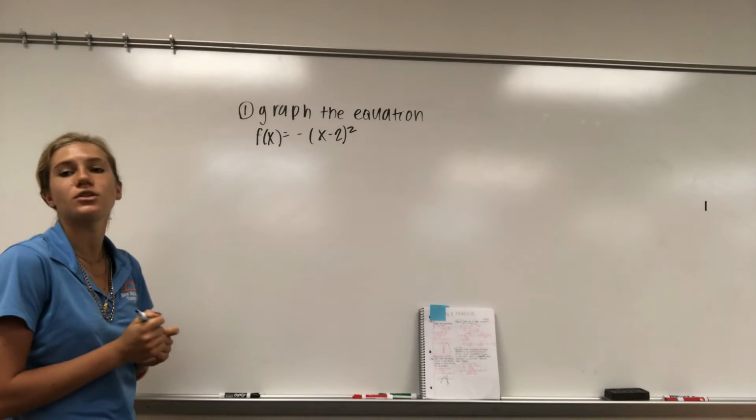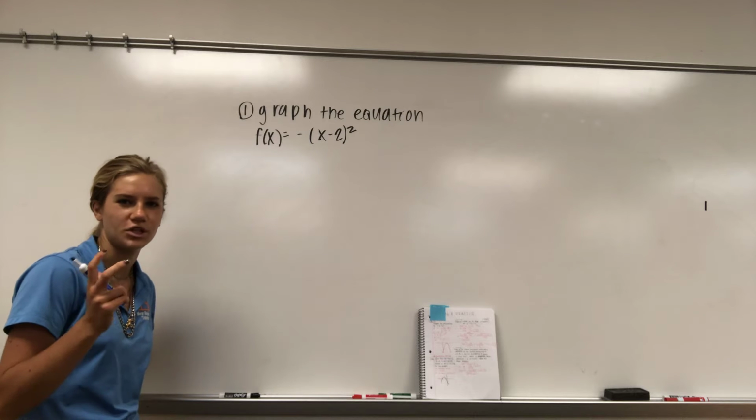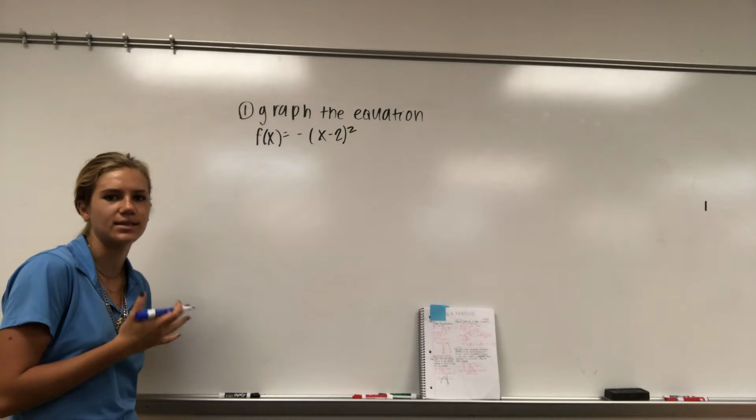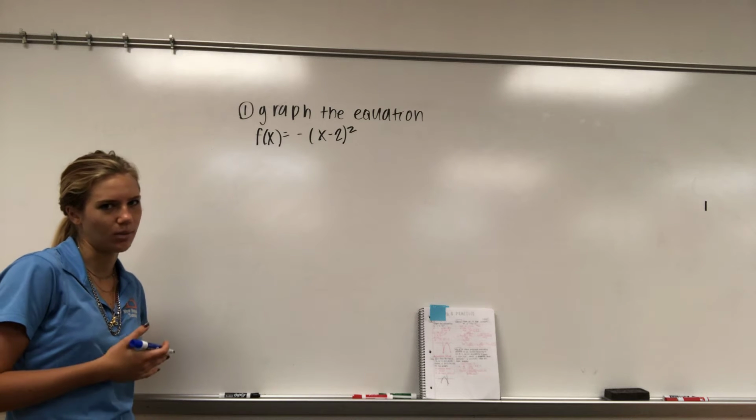Okay, so there's a few ways to go about this. Before I get into the most efficient way, I'm just going to go ahead and explain the reasoning behind it, because I think that's very important as well, because you're not always going to be able to use your graphing calculator for problems like these.